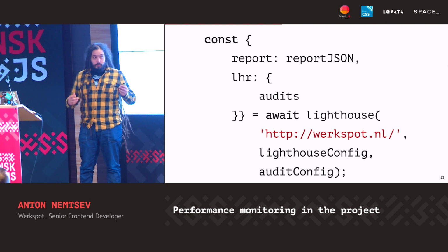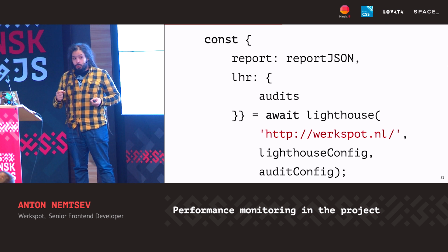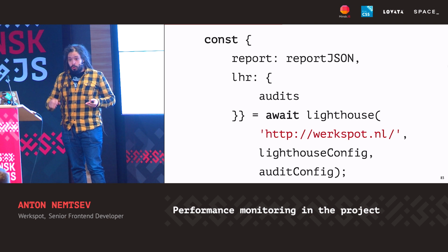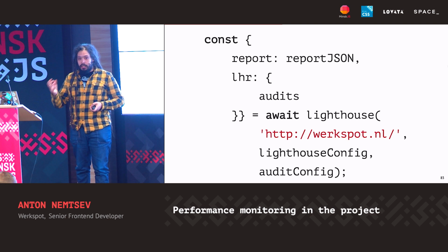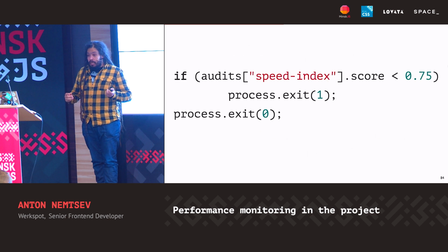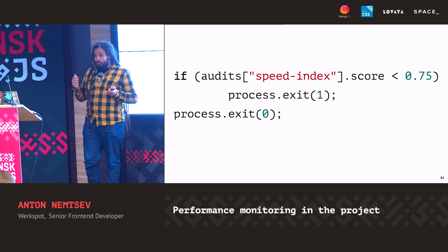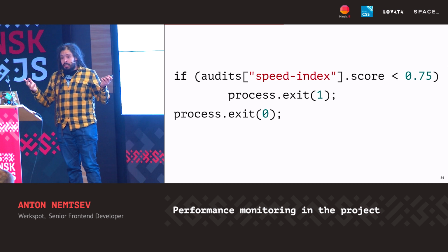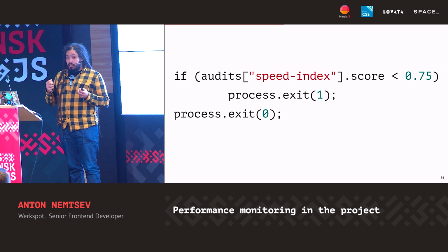Once again, in the example it's just the production one, but you should run it against all your URLs in staging. And the results will be compared with the artifact results that are currently in the master branch. Then you may use the data you get from Lighthouse to, for example, stop the pipeline if your speed index is too low.